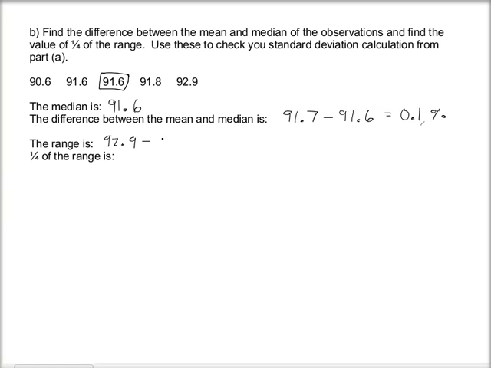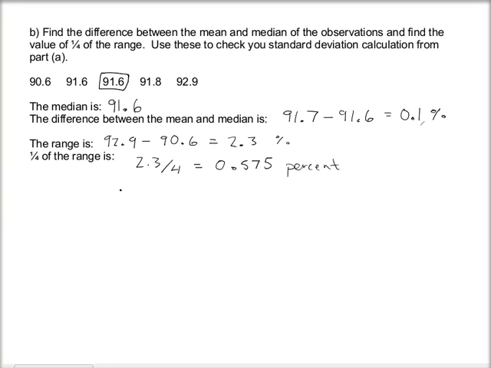Now the range is my maximum value, which is 92.9, minus my minimum value of 90.6. So my range is 2.3%. And then a quarter of that, 2.3 divided by 4, is equal to 0.575%.